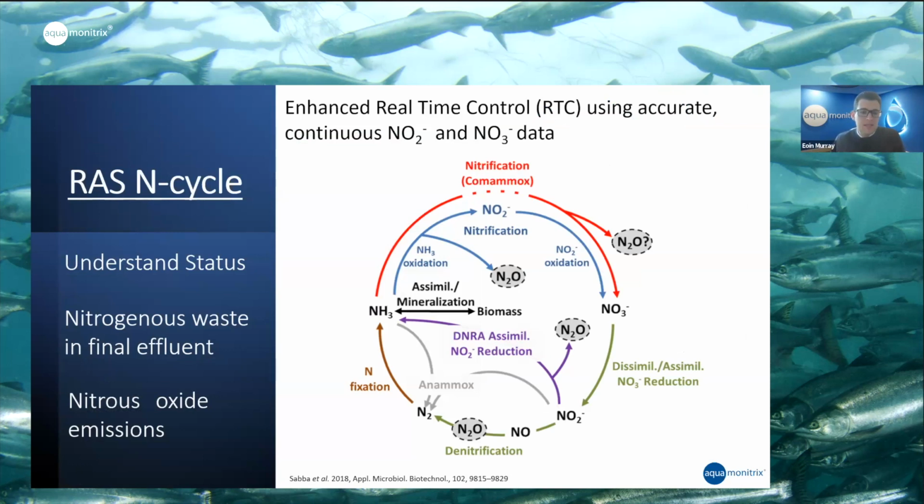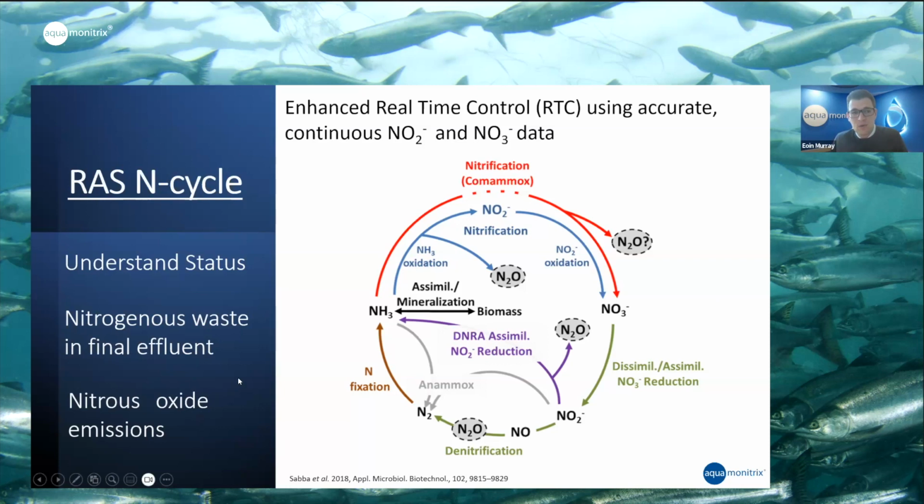So by having that real-time nitrite and nitrate data, it allows for an improved understanding of the status of the nitrogen cycle. As we can see here within the nitrogen cycle, nitrite and nitrate are key parameters. By having the real-time data on both these parameters, it provides the operator with a better understanding of the current status within their system.